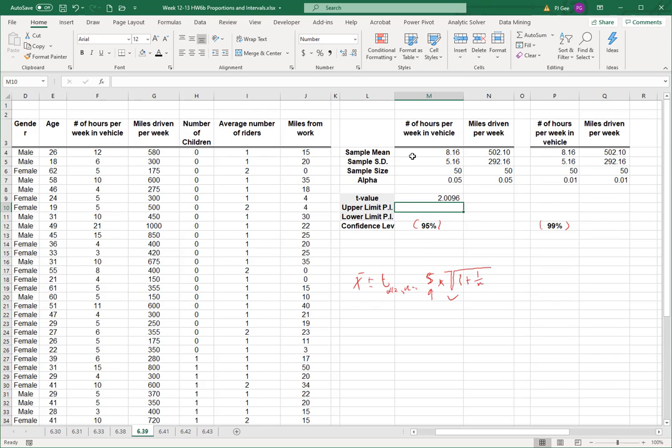Okay, so I just want my sample mean. So this is going to be equal to sample mean plus, I'm going to put this in parentheses to make sure it doesn't get away from us. It's usually a pretty good idea to contain everything in there.